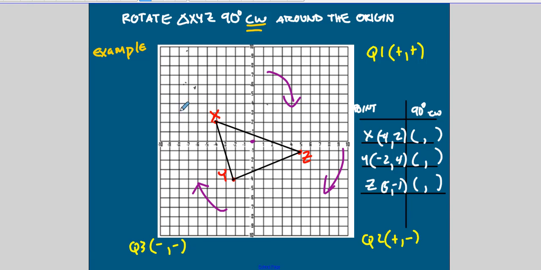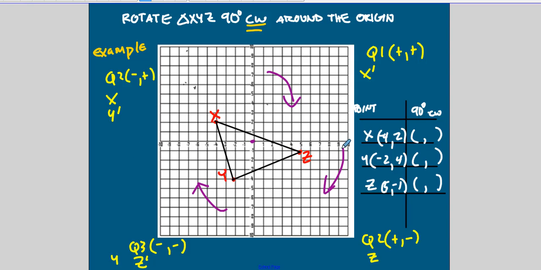Q4 is positive, negative. X starts in Q2, and we're going clockwise this time, so X prime is going to end up in Q1. It's going to go one quadrant over. Z is in Q4, and Z prime is going to end up in Q3. Then Y starts in Q3 and is going to end up in Q2. Y prime is going to end up there.